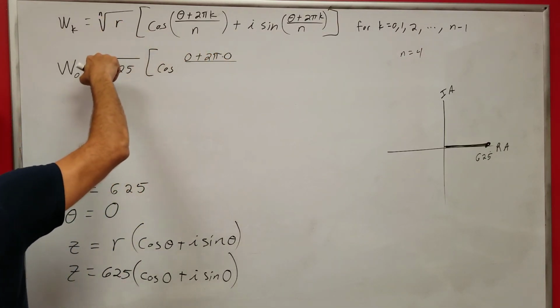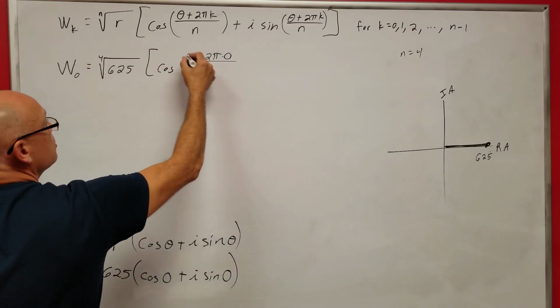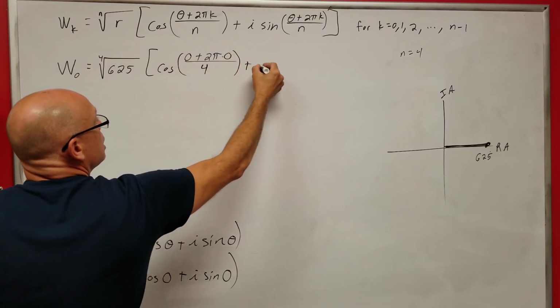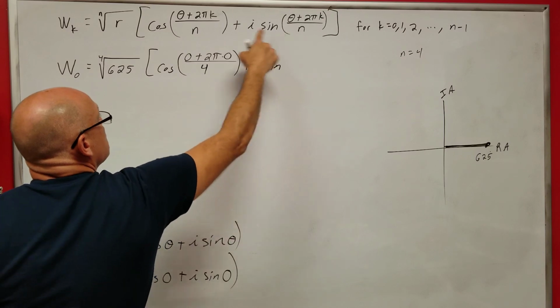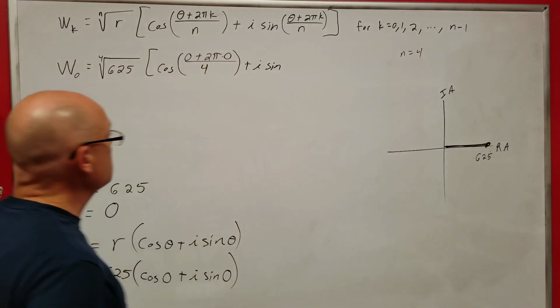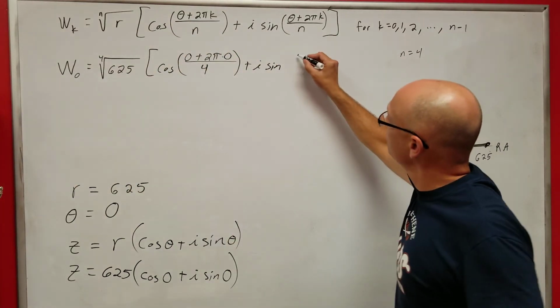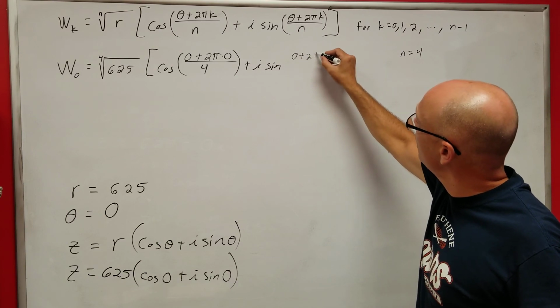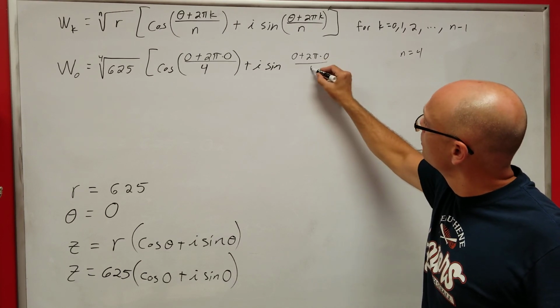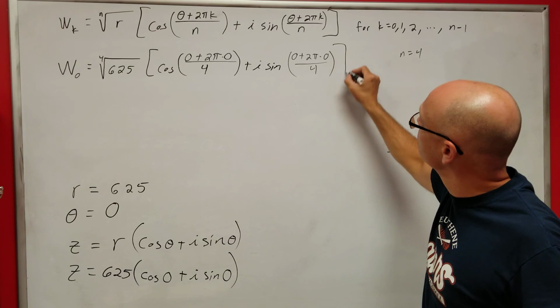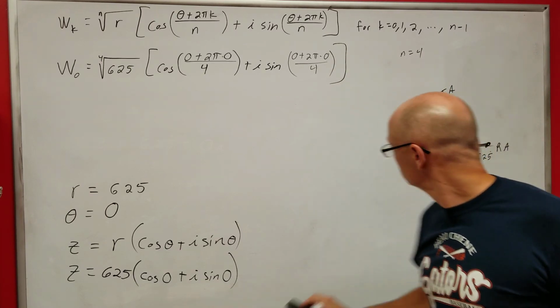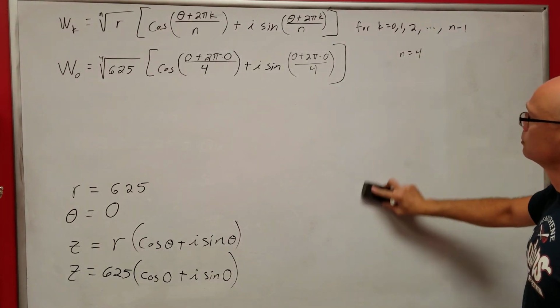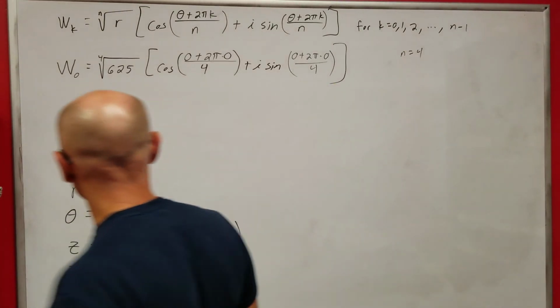What did I say my n value was? 4, plus i times the sine of this same thing, the same thing we put there: 0 plus 2 pi times 0 over 4. Well, let's keep going with this.